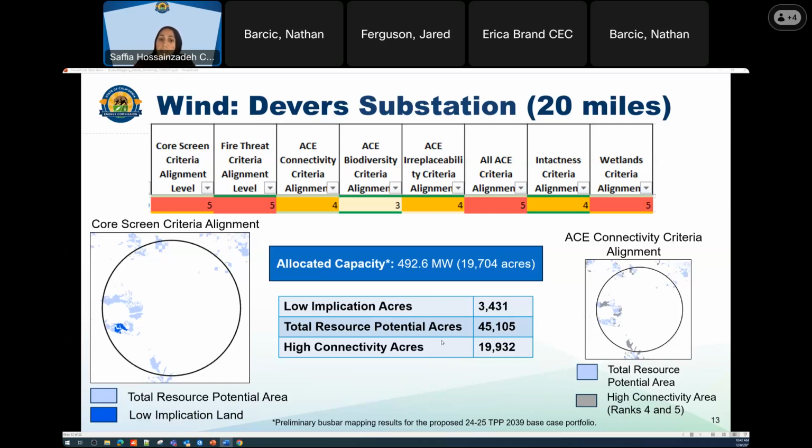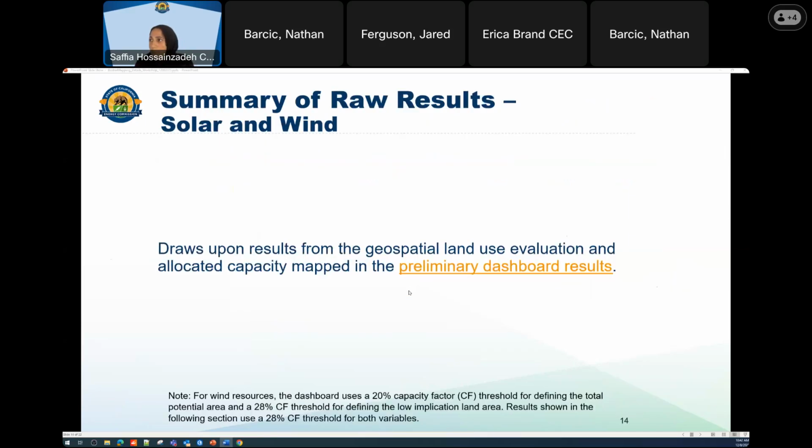Those two factors together bring this category of connectivity to a level 4 flag. So this is just an example. Those are just in-depth examples of the geospatial analysis that was performed for all substations, and these are 3 examples of substations that were selected.